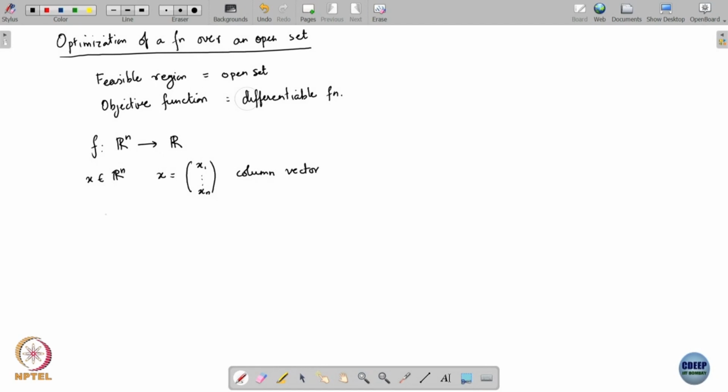Now, when I write something like f_x evaluated at x hat, this is the derivative of f at x hat.